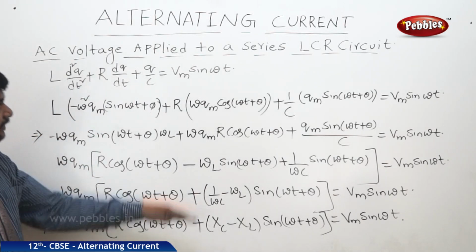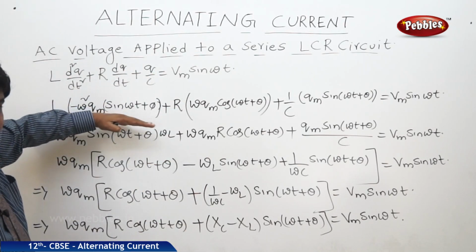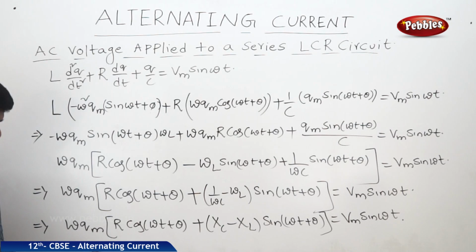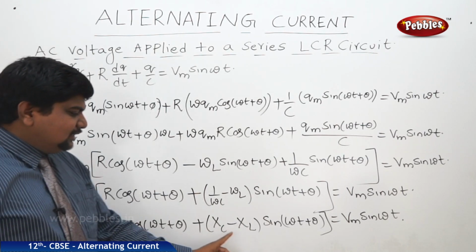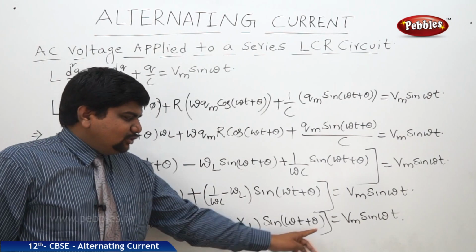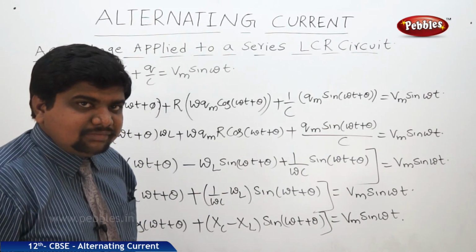This is the simplified form of this whole equation. So we got ω qm as common, R cos(ωt + θ) plus (XC minus XL) into sin(ωt + θ) is equal to Vm sin ωt.